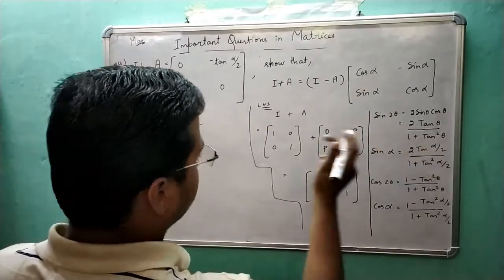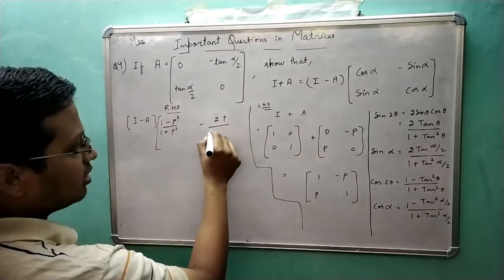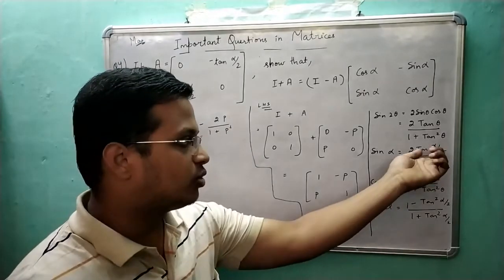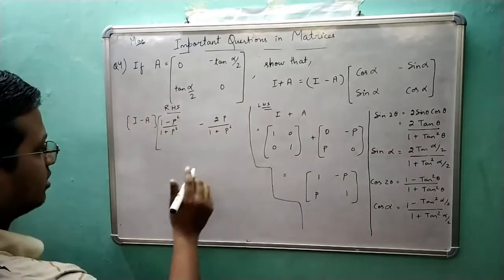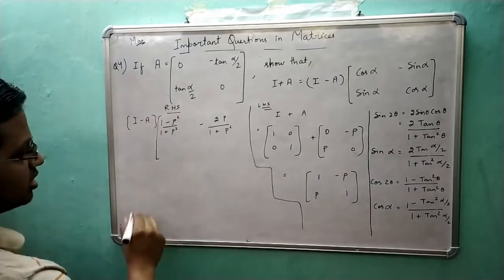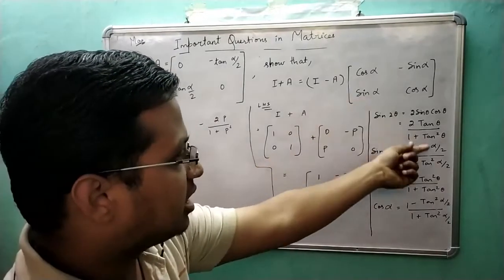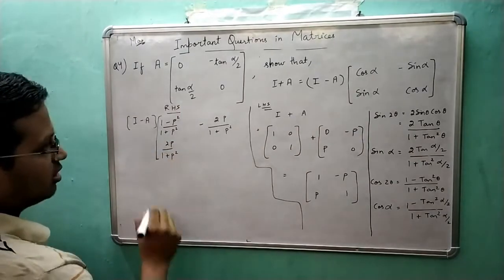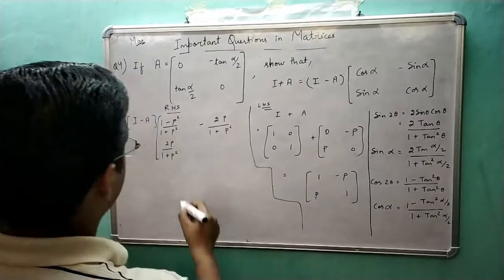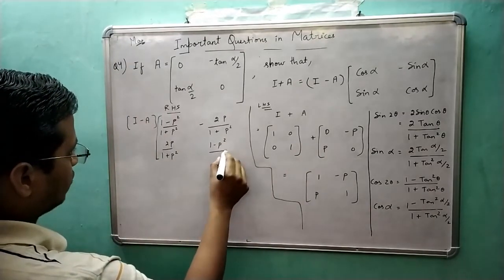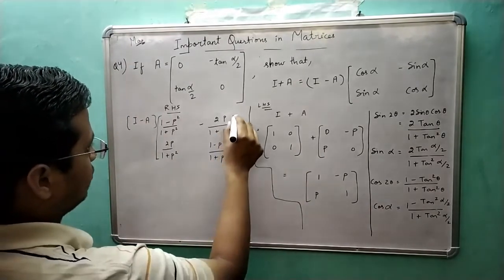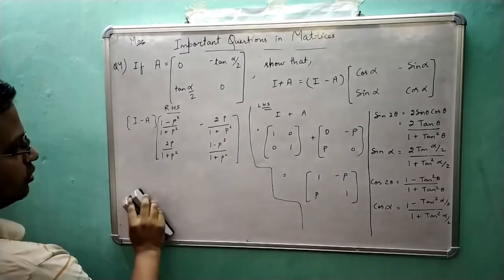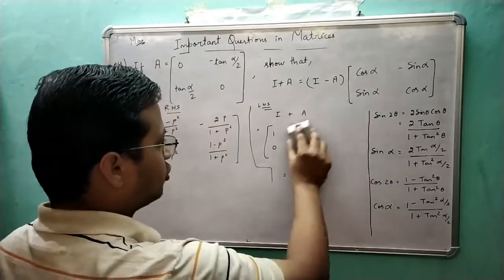Sin alpha is 2p by 1 plus p square. I am replacing tan alpha by 2 with p everywhere just for simplicity, no other reason. Then similarly sin alpha will again be 2p by 1 plus p square, and cos alpha will be the same as earlier, 1 minus p square by 1 plus p square. Alright, so let us solve this. We need a bit more space.